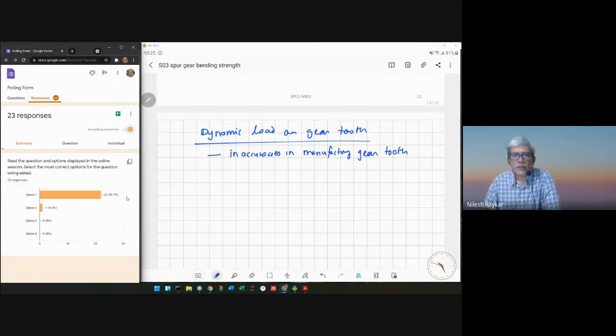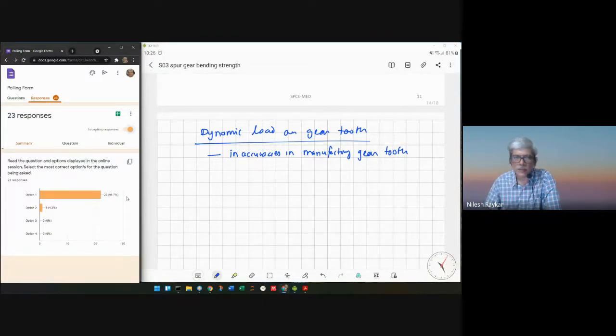If it is a perfect involute, then you will get smooth motion. But if it is not a perfect involute, then some kind of dynamic or non-uniform forces will come, and that needs to be considered.